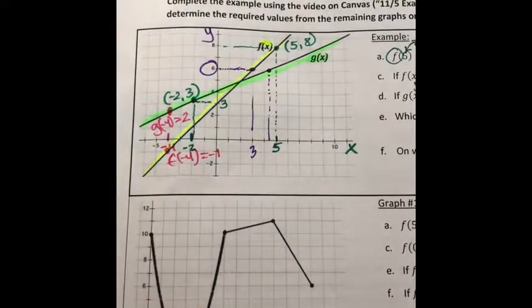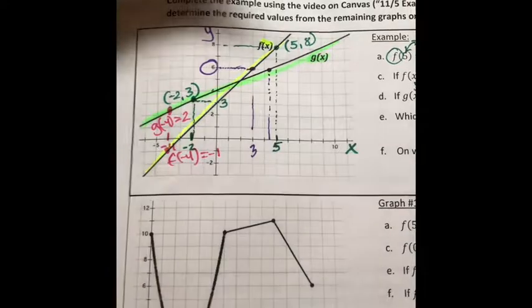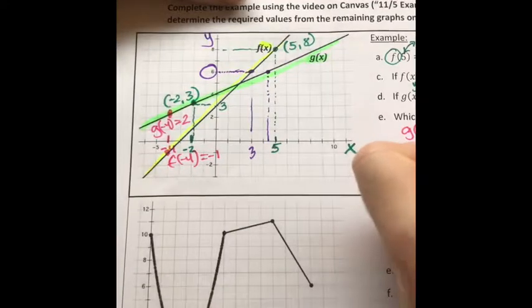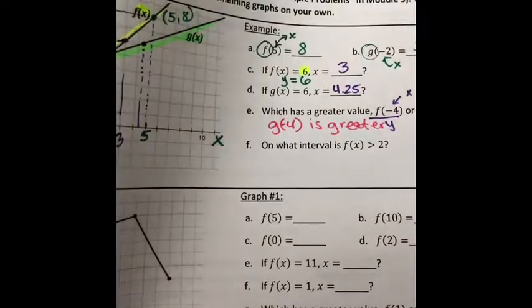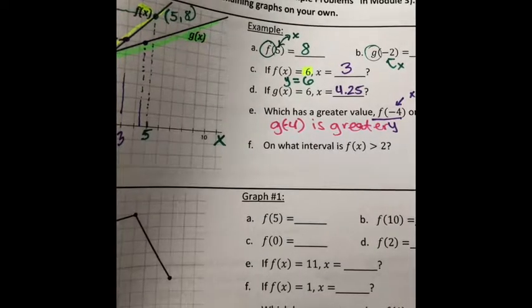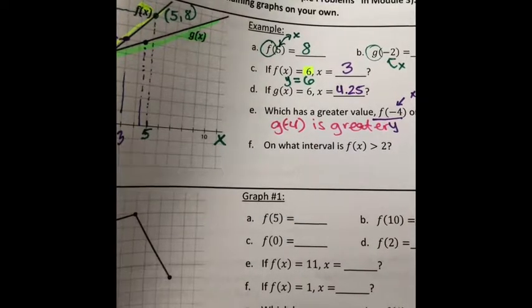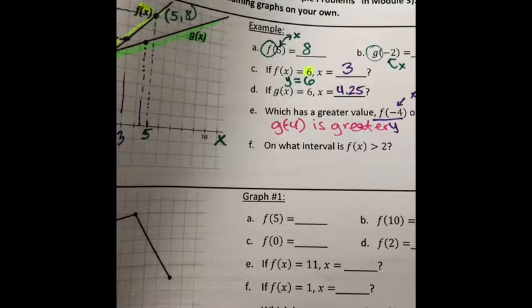And I can say, okay, 2 is greater than negative 1, so g of negative 4 is greater. So no tricks there, just trying to figure out which has the larger value.